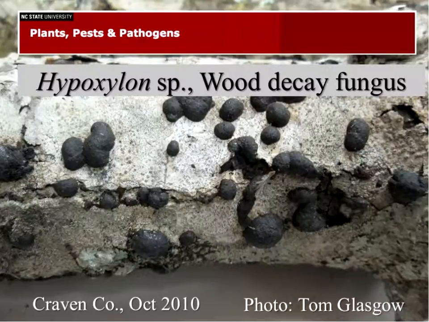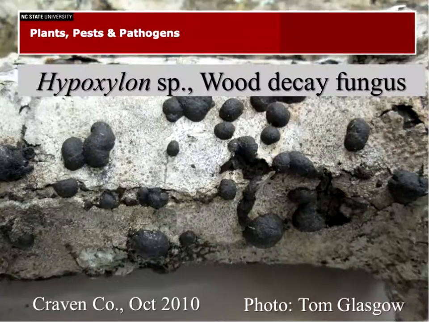They're not related particularly closely to the ones we usually see, the shelf fungi, which are basidiomycetes, where these are ascomycetes. But they are causing wood decay. Fortunately, though, in most cases, and I think this is generally true of oaks around here, they're not going to be a primary pathogen causing disease.